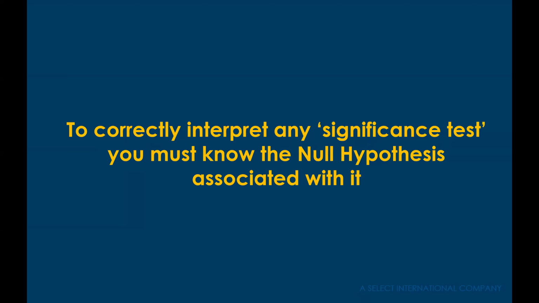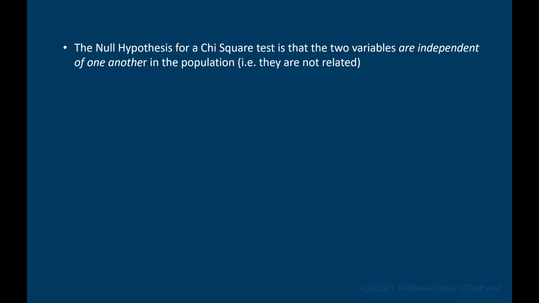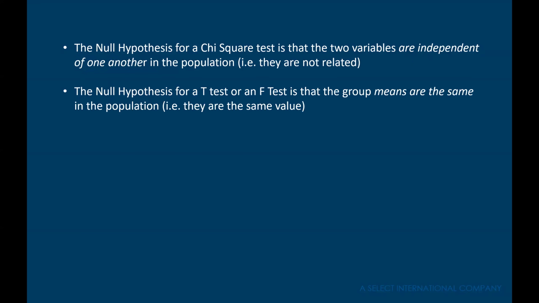The null hypothesis is pretty important in these tests of significance. To correctly interpret any significance test, you must know the null hypothesis associated with it, and different significance tests have different null hypotheses. A chi-square test has a null hypothesis that the two variables are independent of one another in the population; in other words, they're not related.